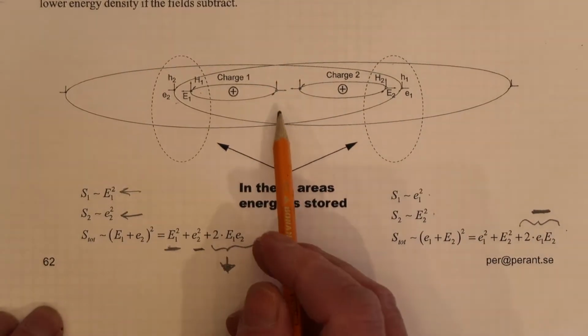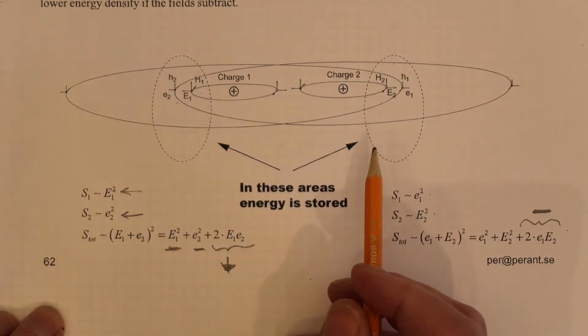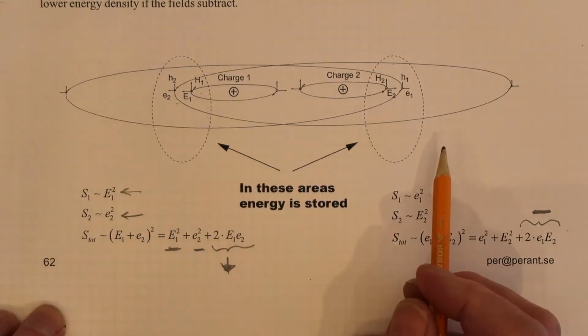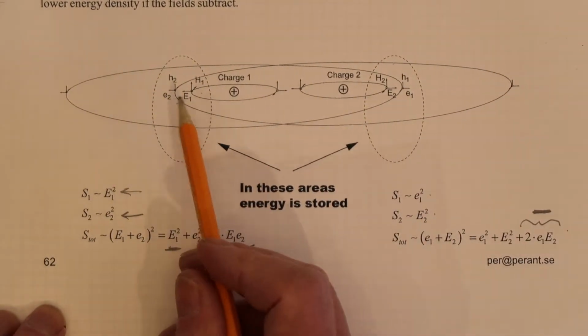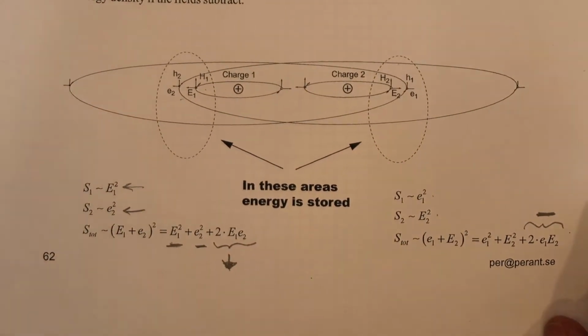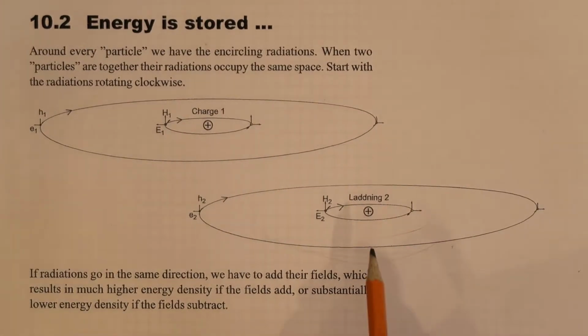So when the charges are like this, the total energy in this area is larger than the sum of the energies for each particle.